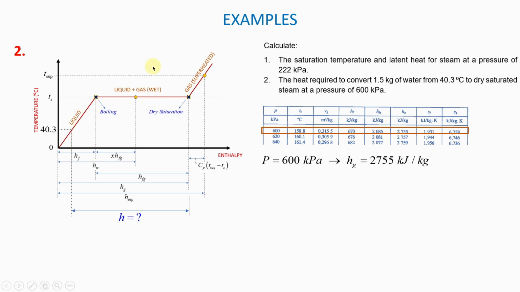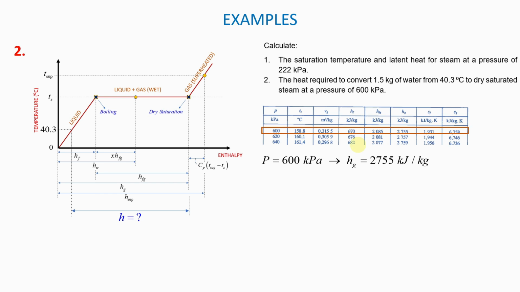And so you can read the HF for a temperature of 40.3. So if 40.3 is in the steam table, saturation temperature, okay? Remember the second column is for saturation temperature. And so if you have a saturation temperature somewhere in the table of 40.3, you can just read the HF value that corresponds to that, and that will give you the heat that is in the water when the temperature is 40.3.